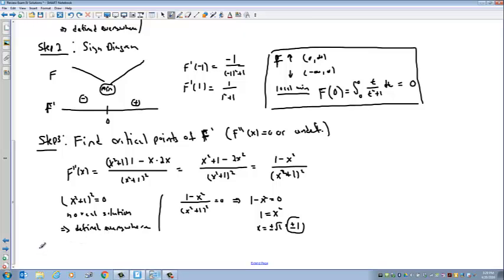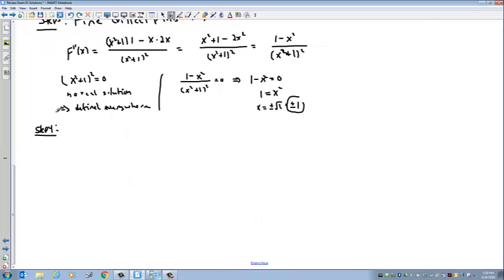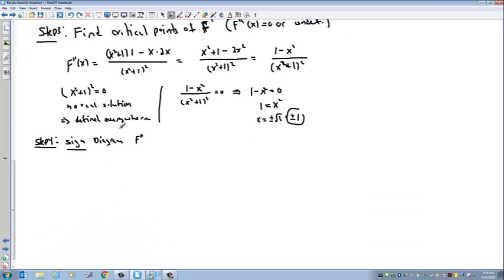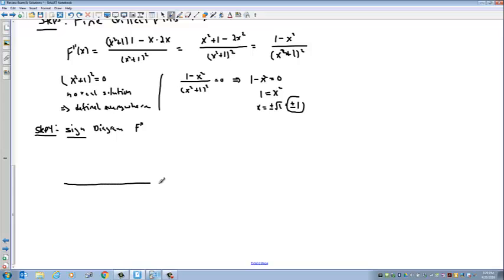And then finally, we have to do step 4, which is a sign diagram for f double prime. Right? This one up here was a sign diagram for f prime. And so when we do it, we draw the line.